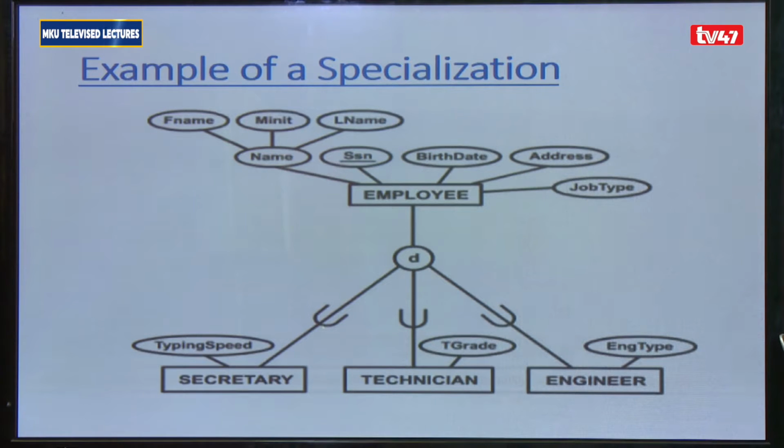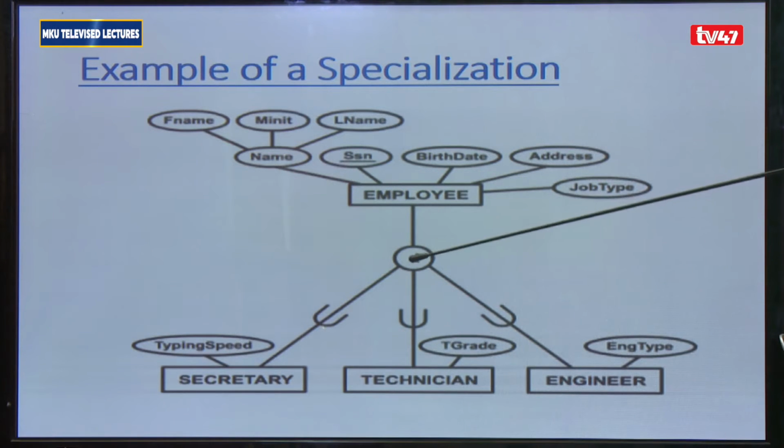And you'll be able to see that these are specific attributes that distinguish the secretary subclass from the technician subclass. What distinguishes these two? The secretary has typing speed as a subclass-specific attribute.